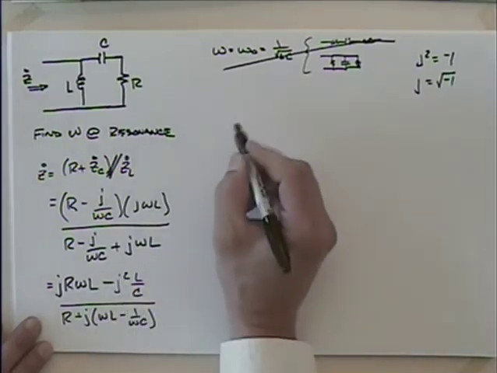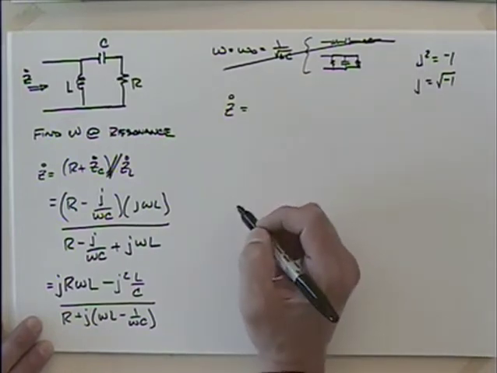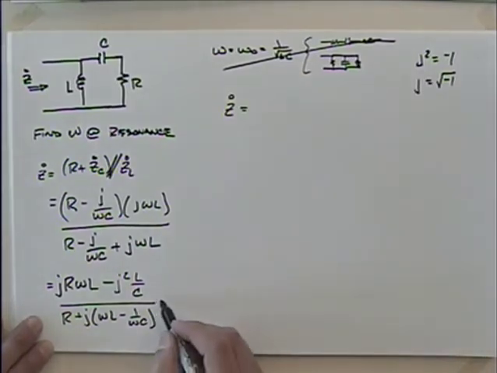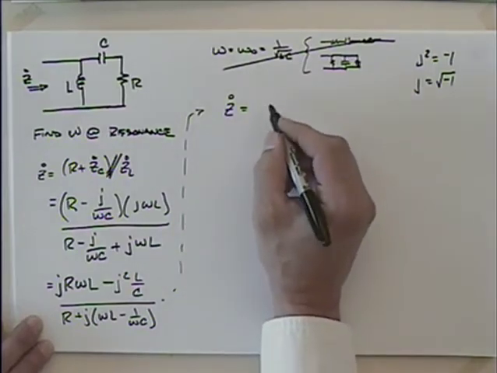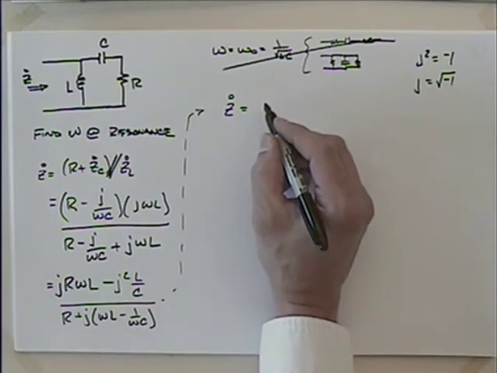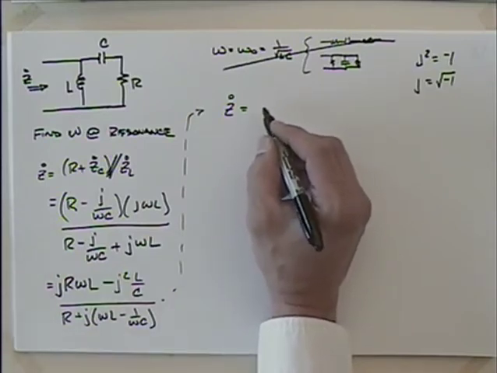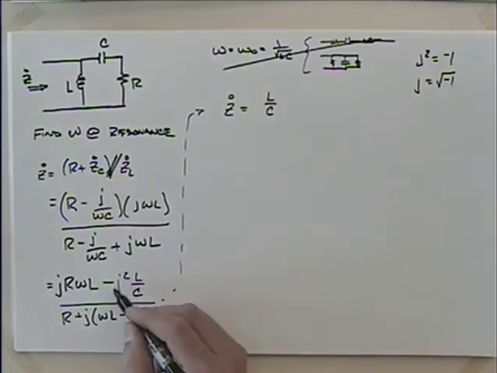So if I have a negative sign there and I say j squared is minus 1, those cancel, so I could say then that the impedance, as I continue working through this thing, is equal to, let's see, L over C, because the negatives will cancel.